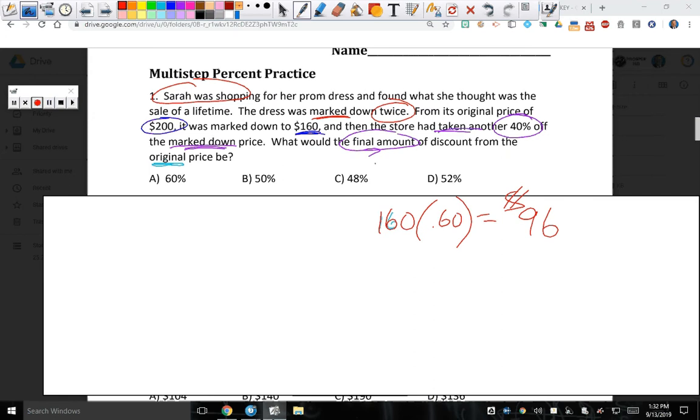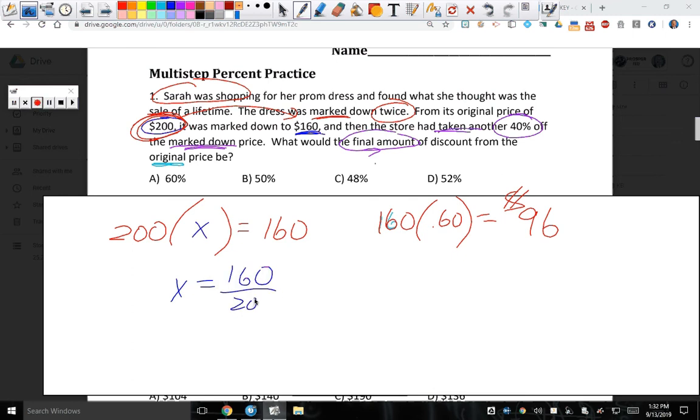You with me? So the original one was 200, and it got marked down to 160. So that means it started at 200, multiplied by some percentage difference, and became 160. So if I did it this way, 160 divided by 200 in your calculator, you'll get 0.8.